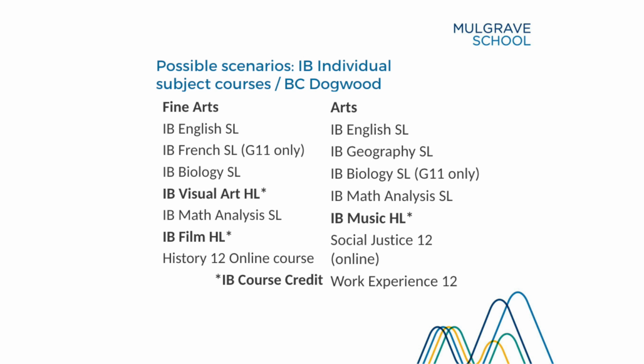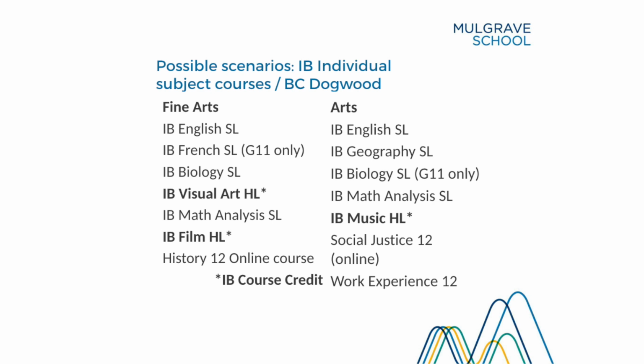If we look at some students who have gone on the enriched pathway, there are a couple of different scenarios, taken from students who have done them in the past. One particular student was really interested in the fine arts. So they took film and visual art for IB credit, both at the higher level. All the other courses were taken at the standard level and for ministry credit only.